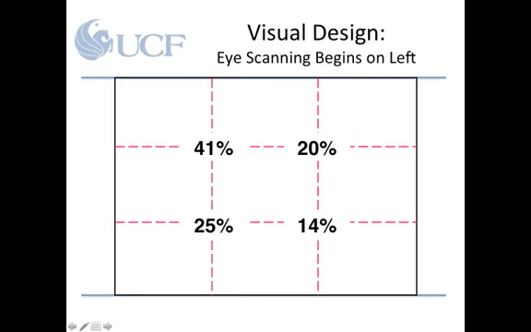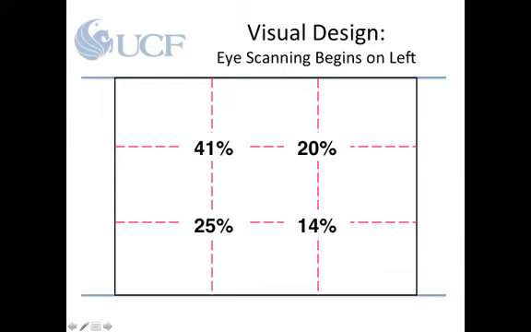So let's look at some other issues to consider. And here we've talked about visual design and this idea of the rule of thirds. Well, the rule of thirds states that rather than centering items on the screen, the eye moves around the screen in a particular manner and focuses on specific areas on the screen more than others.